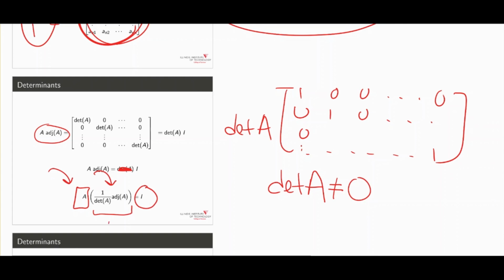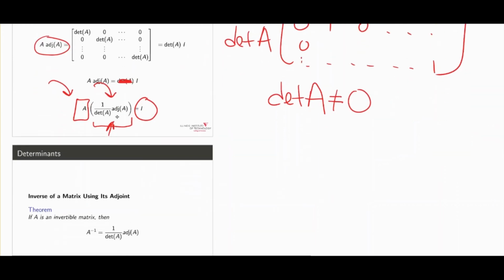It means that this matrix right here is the inverse of A, because this matrix multiplied by A equals I. So by definition, this is the inverse of A.